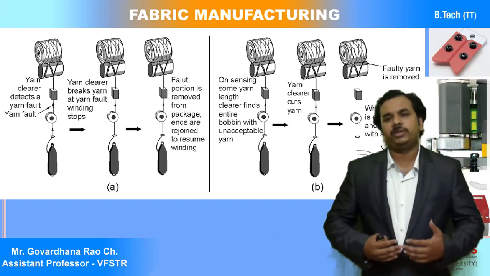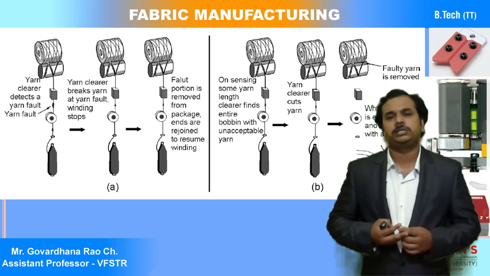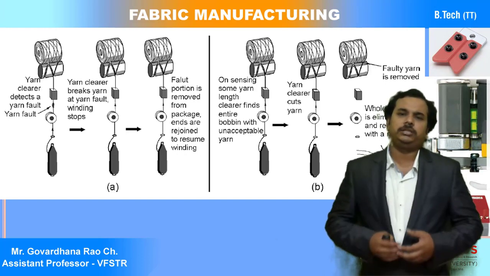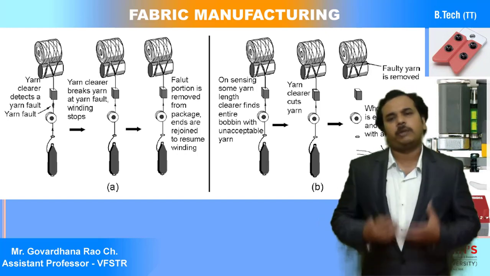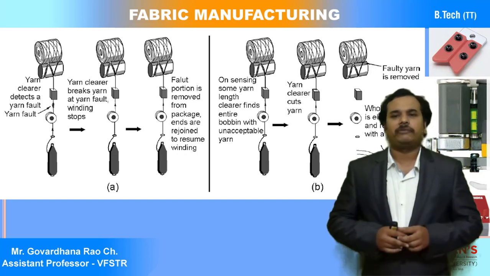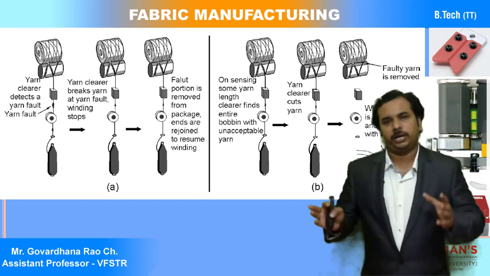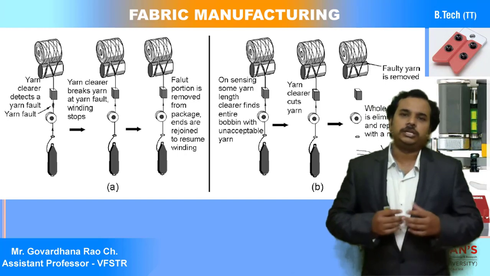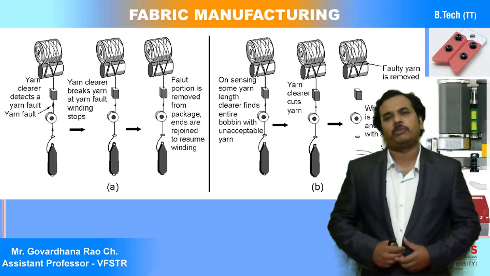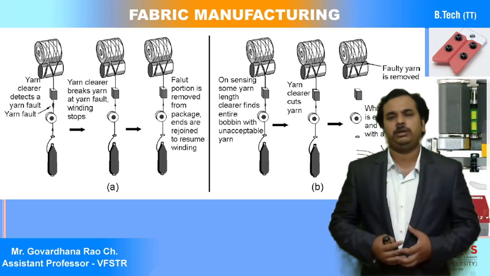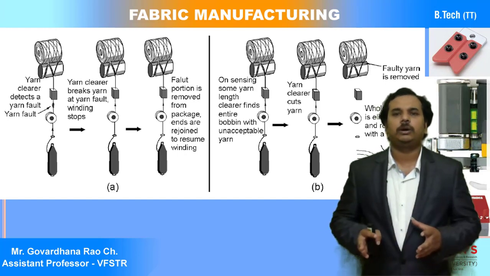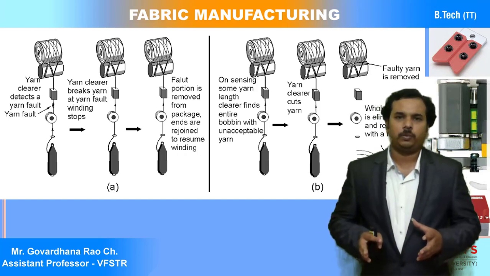If the yarn has n number of faults, coming frequently, periodically or unperiodically, and in large amount, then what happens? The yarn clearer cuts the yarn, and the whole bobbin is eliminated. The clearer is saying that the bobbin has so many faults which are frequently coming. That is why the clearer removes the bobbin from the winding machine.